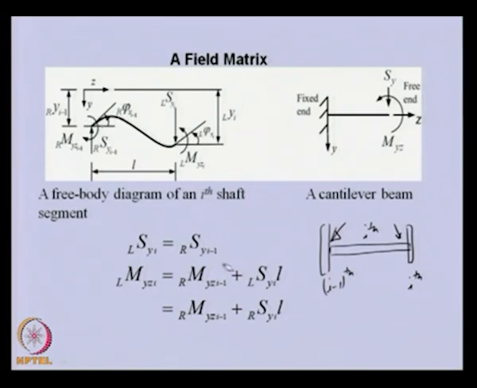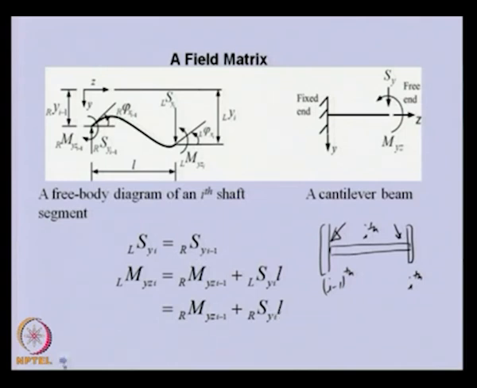So, this is the moment balance. Using the first relationship, because both the shear forces are the same, we can even replace left with right, so there will not be any change. You can see that now we have represented the field variables, all on the left side here, and all on the right side of the ith disk here.